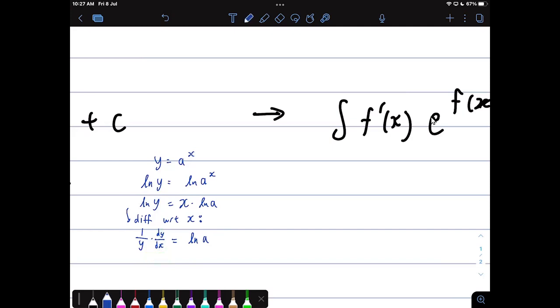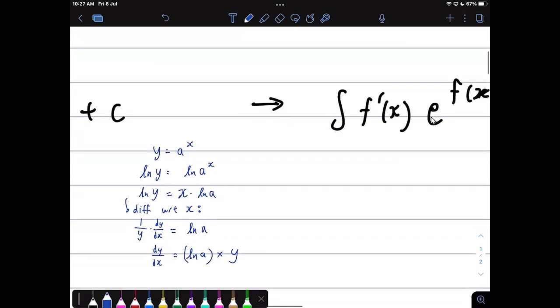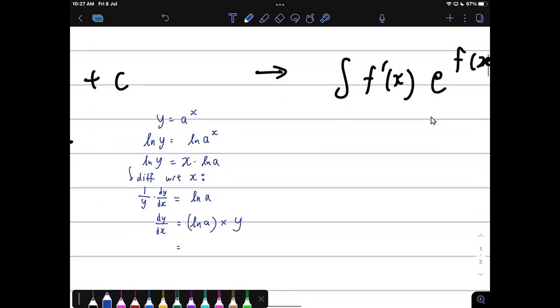Then you can make dy by dx the subject by multiplying over by y. But what is y? It's a to the power x. Exactly. So the derivative of y with respect to x, in other words d by dx of a to the power x, is just ln a times a to the power x.